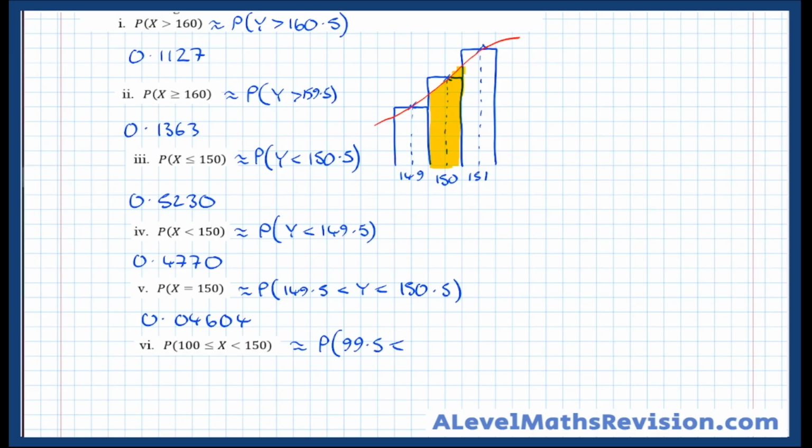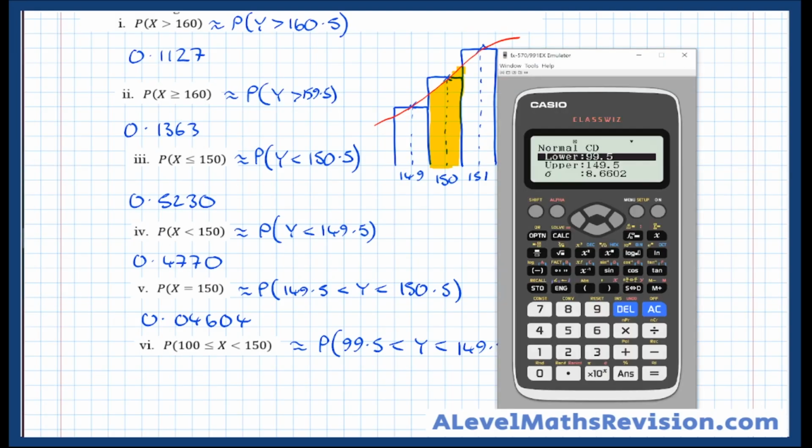The 100 bar starts at 99.5, ends at 100.5. We want to include it, so we should start at its lower bound. Less than y, less than, and we don't want to include any of 150, so to exclude that, we end at 149.5 at its lower bound.